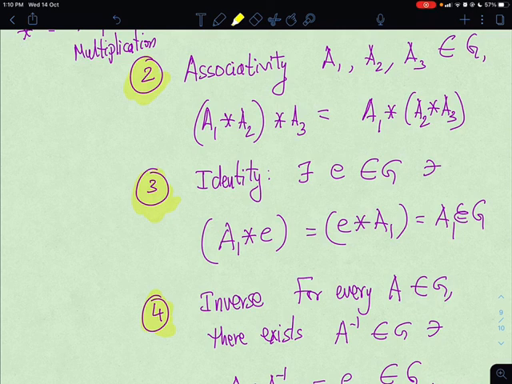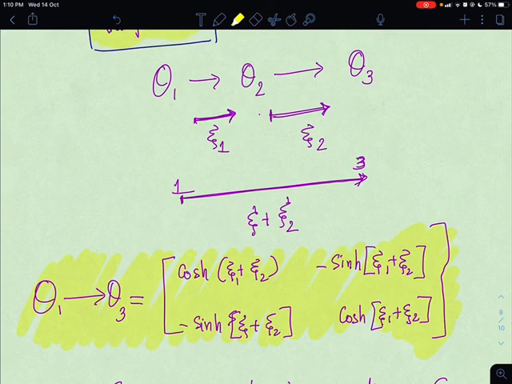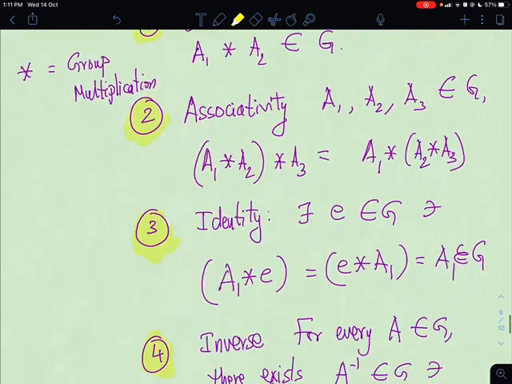But this is not true in general. For example, if you add boosts in different directions, they don't really form a group. So for that, you need one more element, which is called rotations. Like I said, you will have 3 boosts, one in each direction.